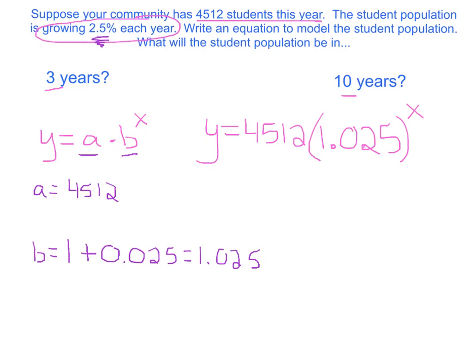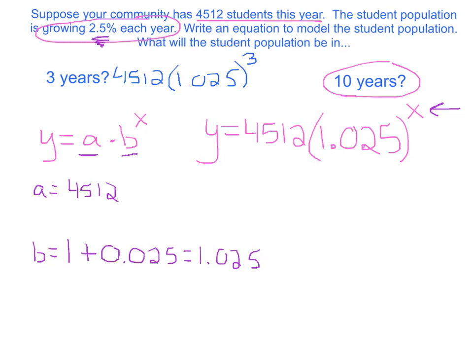So there's my equation, and now to answer the questions, how many students will there be in 3 years and 10 years? We'll use those numbers to evaluate, as x will represent years gone by. So for 3 years, just plug in 3 for x: 4,512 times 1.025 to the power of 3.